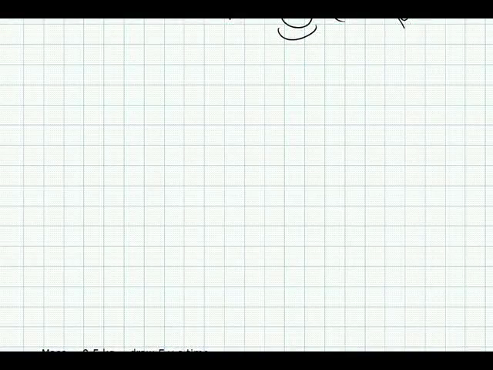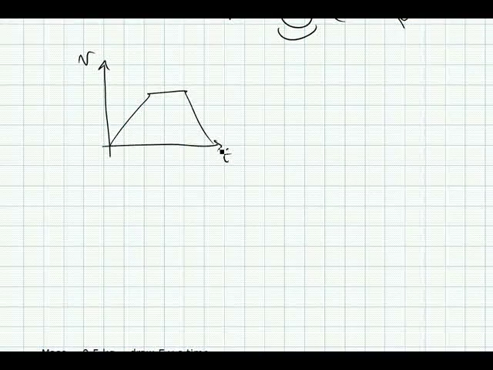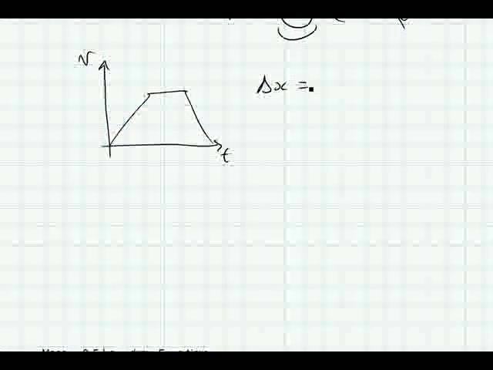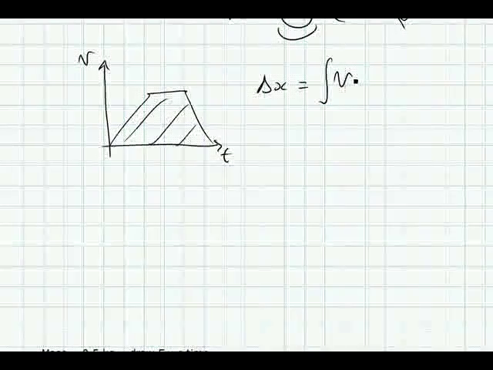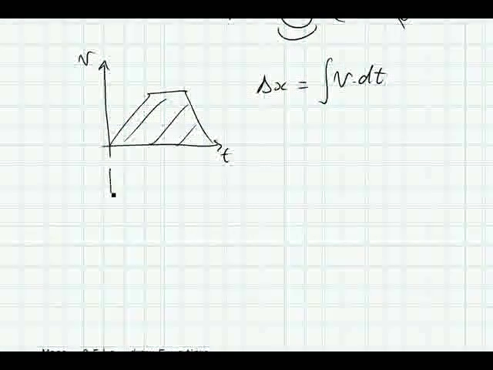In the first couple of chapters we learned how to do graphic analysis. The graphic analysis where, for example, we had, let's say, velocity versus time. We had a plot like this, and we were after displacement, and displacement was the area on the velocity versus time plot.